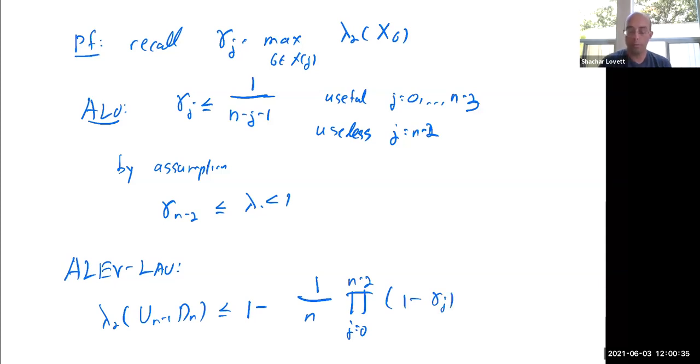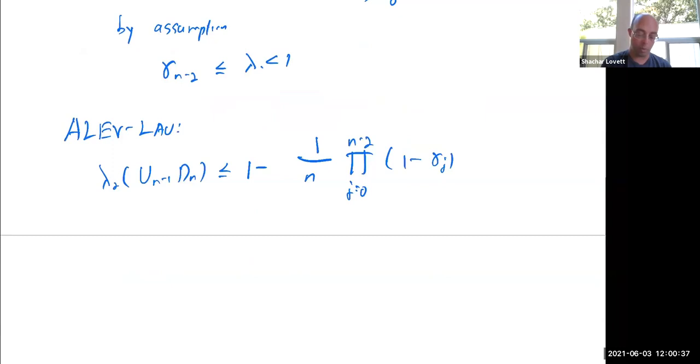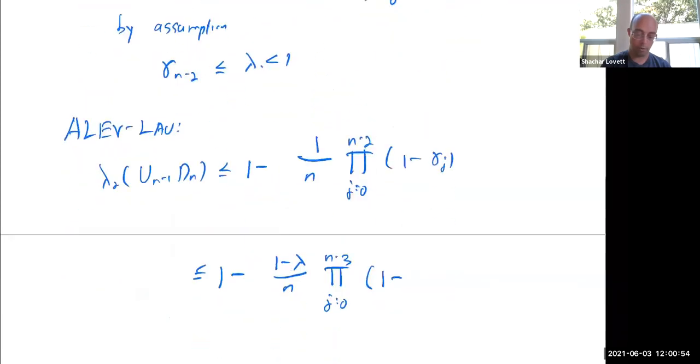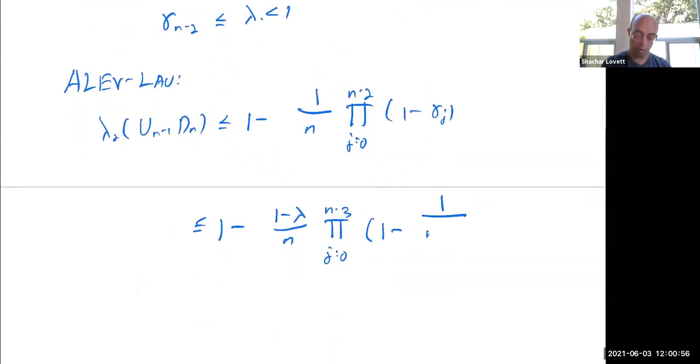But this is in general true. So now we just have to plug in the parameters we get. So the last one is 1 minus lambda, let's move it here, 1 minus lambda over n. And the rest, going from 0 to n minus 3, is 1 minus 1 over n minus j minus 1.